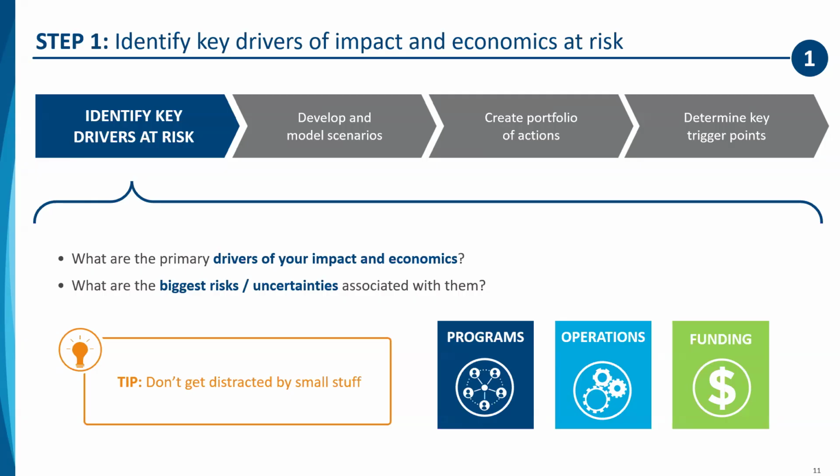And you'll want to understand what level of uncertainty and risk is associated with each. The big tip that we'd highlight here is not to get distracted by the small stuff. So here, it's really important to focus on the most important aspects of your organization facing the highest levels of risk. So in scenario planning, clarity is more important than complexity.